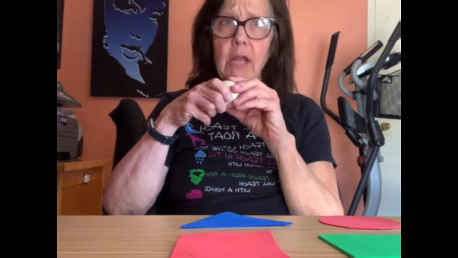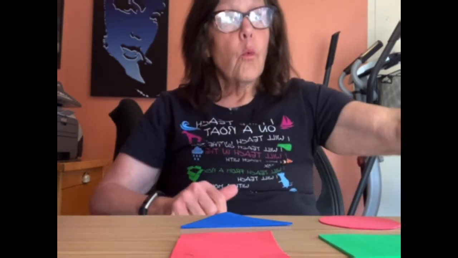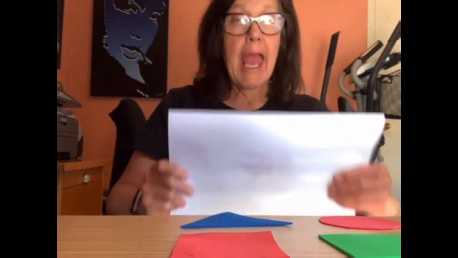Well, let's find out how they're related. We're going to explore how they're related by using paint. Aha, that's right. I really like to have some fun with paint. How about you? I've got me a piece of paper here, and I've also got some paints.